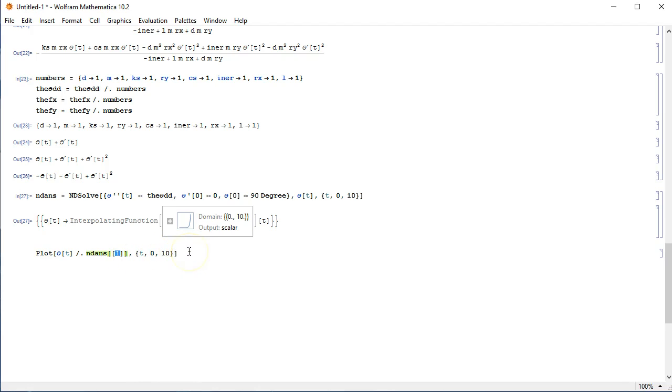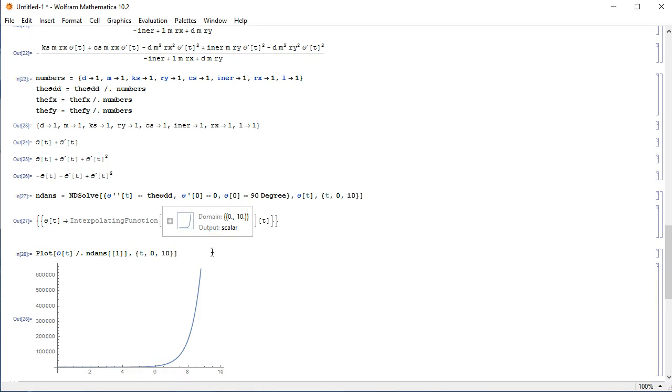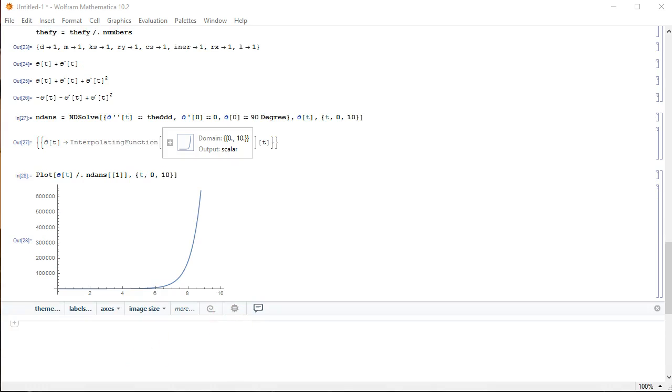If it was a quadratic or something, maybe you want the second one, so you'd put a 2 in there. And then you hit enter, and there's your plot. Now this is probably not what your plot would look like, because I made this stuff up. But anyway, that's how you would plot the answer.